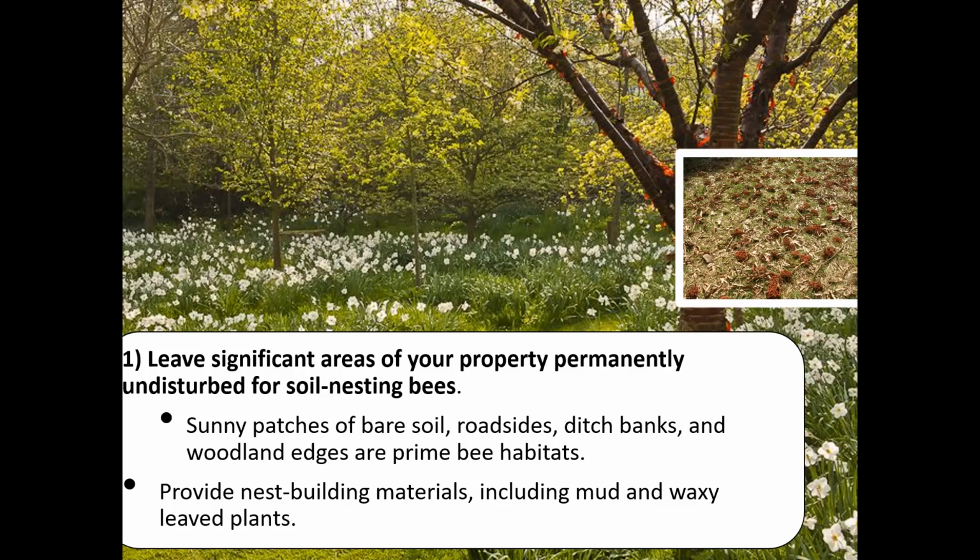Maybe you leave a little area open that's just bare soil, and that's for the bees. Maybe you provide some nest building materials. You can put in different types of plants, like for the leaf cutters, they really like redbuds for some odd reason, and they were pretty active this year. I had quite a few of them in my solitary bee houses. So start thinking of things that you can do within your habitat to help the bees.